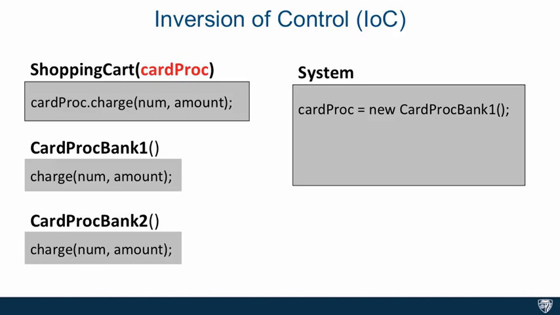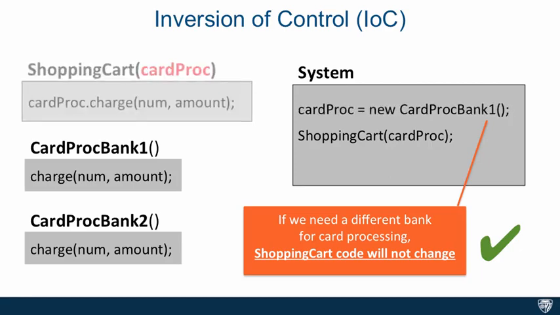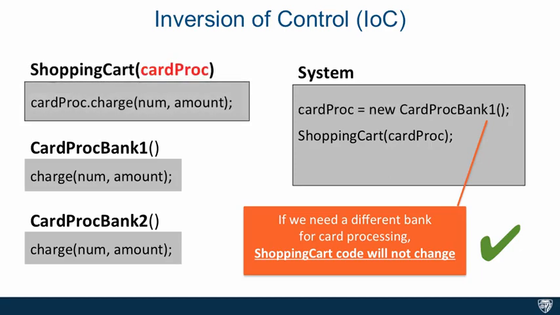So in this case, we want to instantiate the credit card processing for bank 1. And then the system is going to call the shopping cart, passing it the new instance of credit card processing for bank 1. So in this scenario, if we need a different bank for card processing, the shopping cart code is left completely untouched. It will not change.